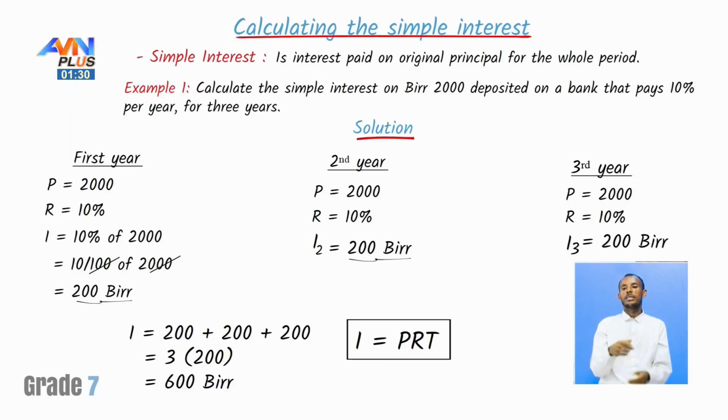As you can see here, principal times rate, principal times rate, principal times how many times? 3 times. PR times 3 means times T. Therefore, simple interest is given by this equation. Simply you multiply the principal, the interest rate, and time.